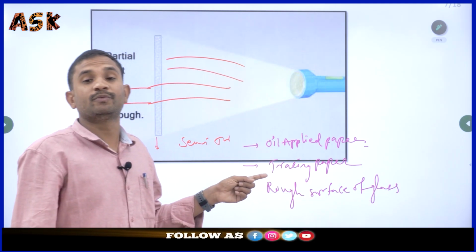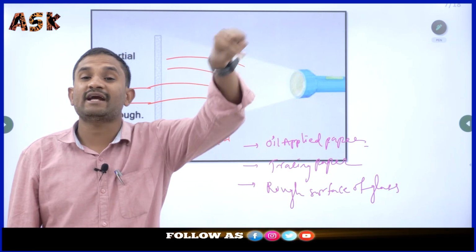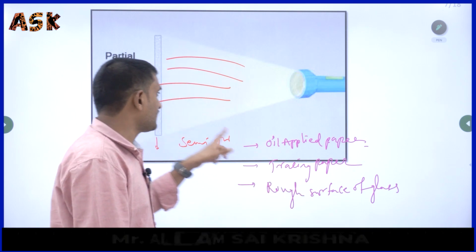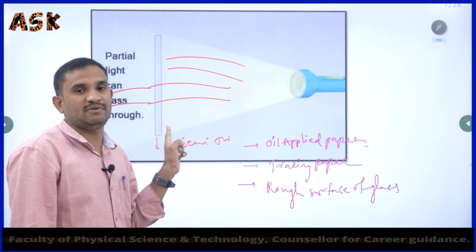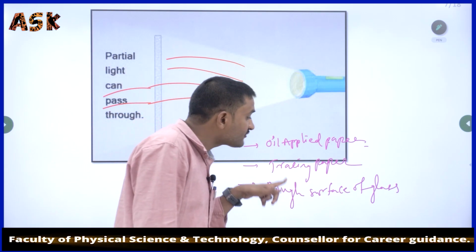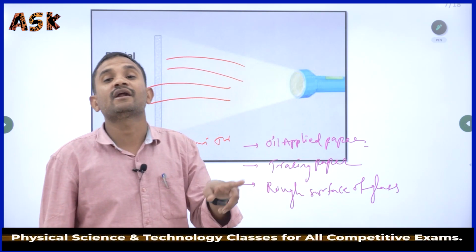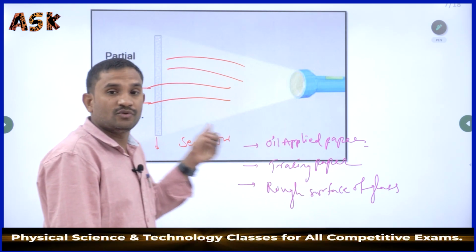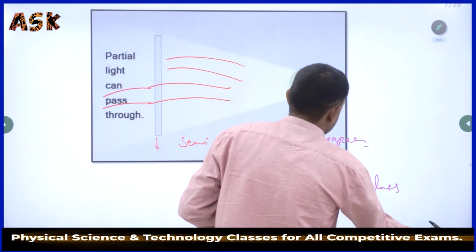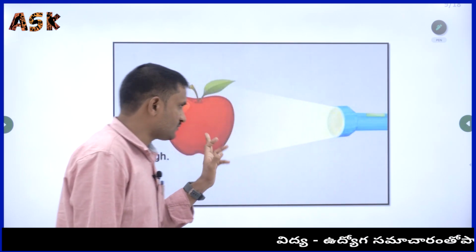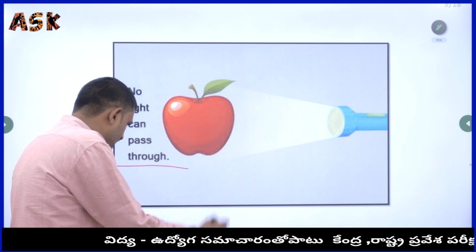I told you, plain glass works as a transparent material. The rough surface of glass works as a semi-transparent material. There is no chance to allow the complete light rays through the rough surface of glass. It can allow only a few of the light rays from one side to another side. Next one, here you have to observe, this one works as an opaque substance.